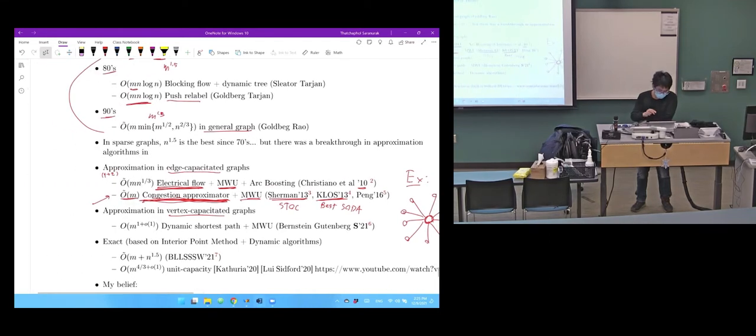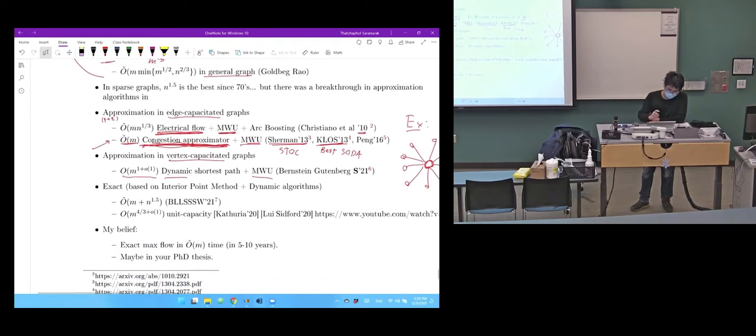So we just need a very different approach. And it turns out that just this year, we can do it using something else. But again, it uses multiplicative weight update, together with some dynamic graph algorithm.